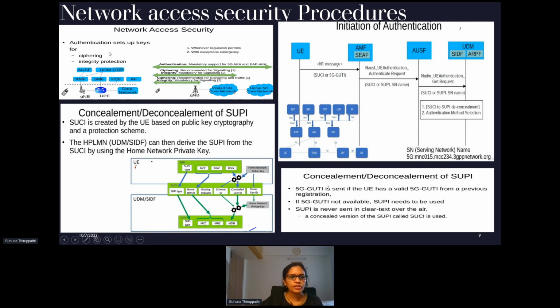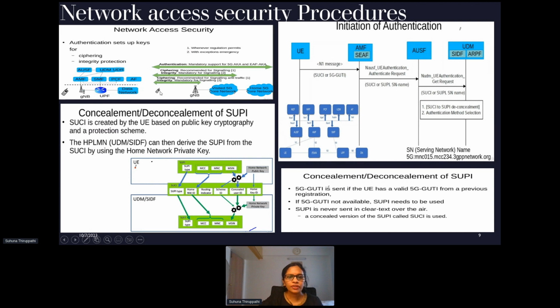So the first being that authentication sets up the keys for ciphering and integrity protection. The authentication happens between the terminal to home 5G network using the 5G AKA procedure, authentication and key agreement procedures, and EAP-AKA procedures. This is for non-3GPP standard. EAP-AKA procedures are performed for the authentication.